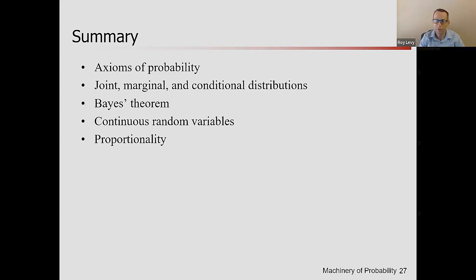We introduced Bayes' theorem. We derived it in, I think, 4, 5, 6 lines of equations. And then we've introduced things like continuous random variables, which have the same concepts, but integration instead of summation.